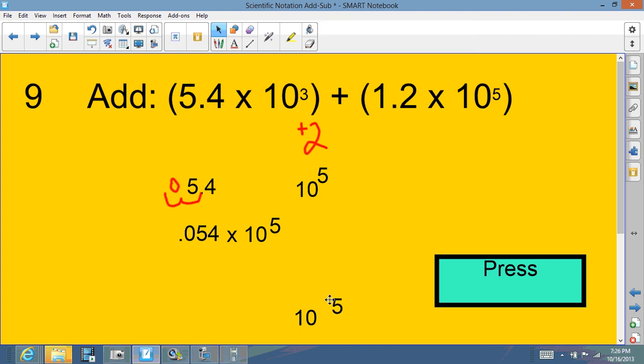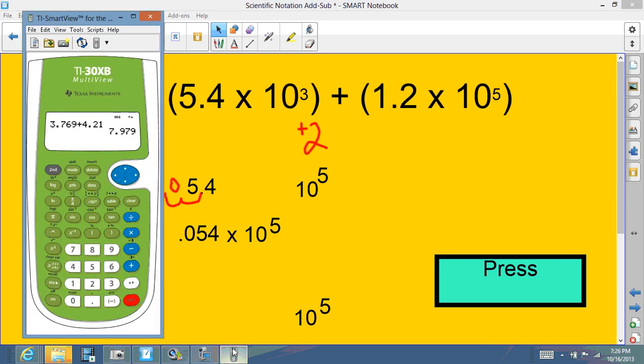And I can now get my calculator out and add those two coefficients. So let's clear this. This coefficient now is 0.054. And now I'm going to add to it the second coefficient, which is already to the 5th power, because remember, I cannot add unless those exponents are the same.